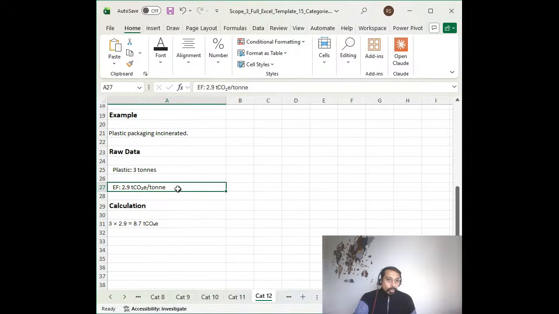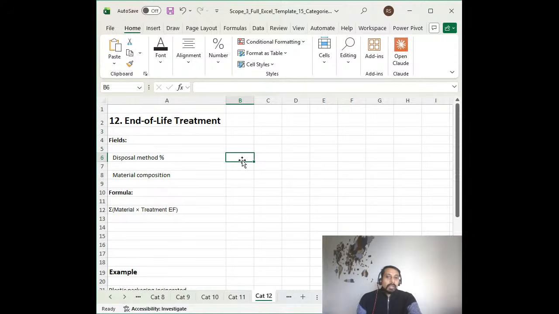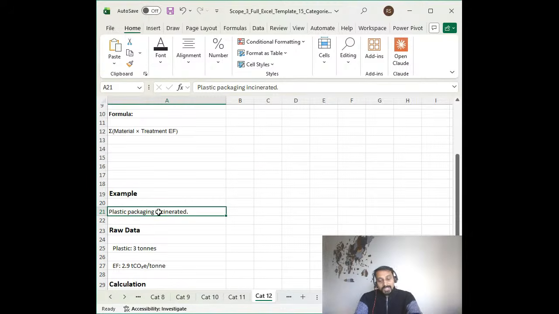So the overall calculation is very simple, 3 multiplied by 2.9. The disposal method percentage you have to mention, and based on that you can divide the emissions for each methodology and material composition, because plastic packaging is different, paper is different, metals are different, iron is different.